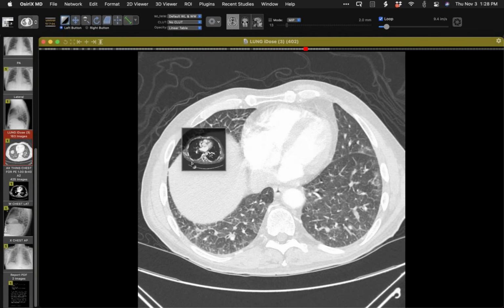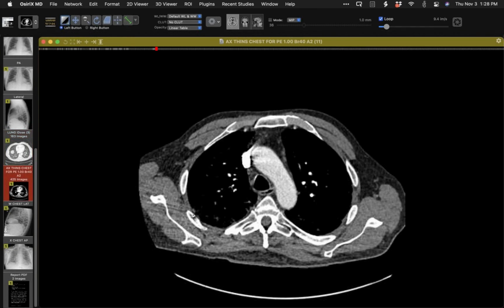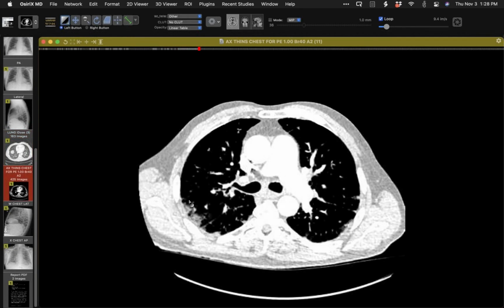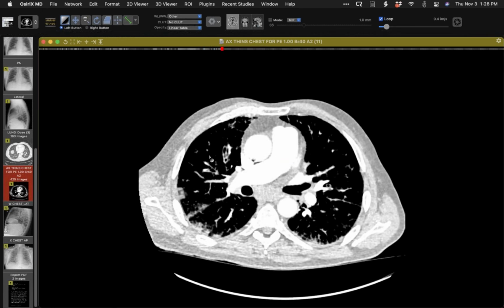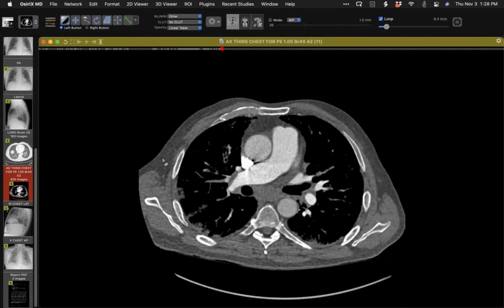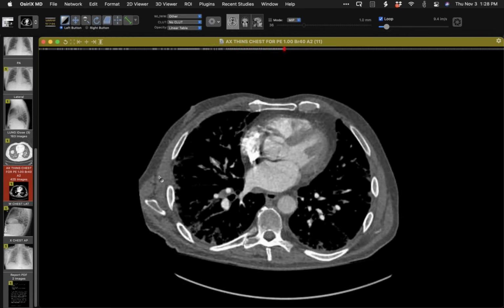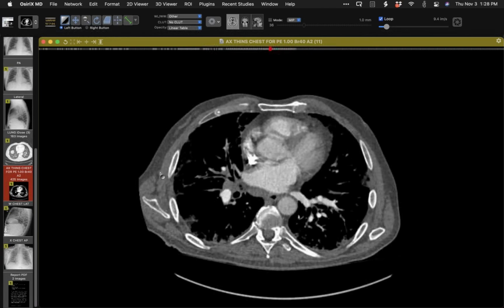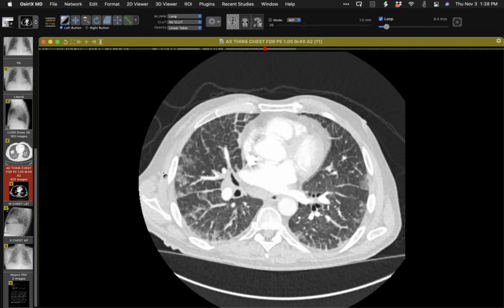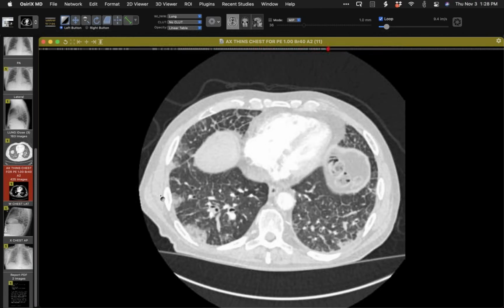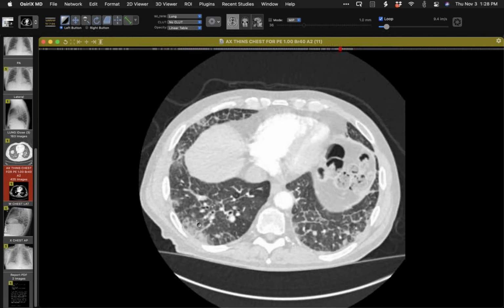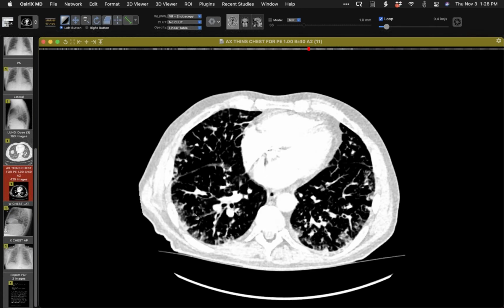Let's go forward in time to CT-PA type exam in July. A notable negative finding is no findings of CTEPH, persistent florid interstitial lung edema, as well as foci of alveolar edema.